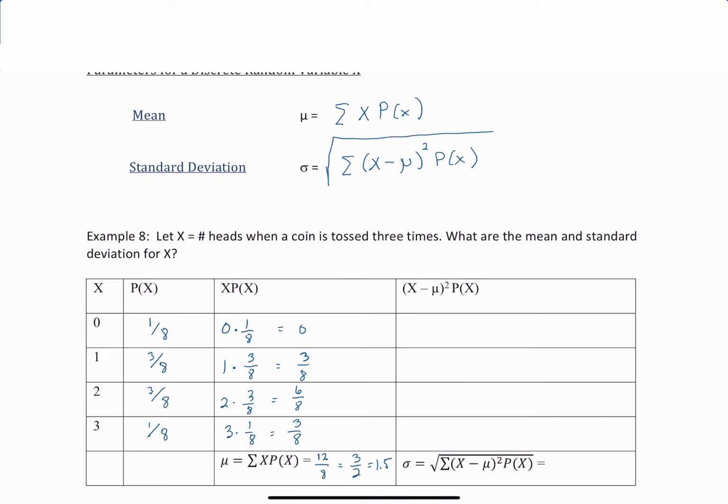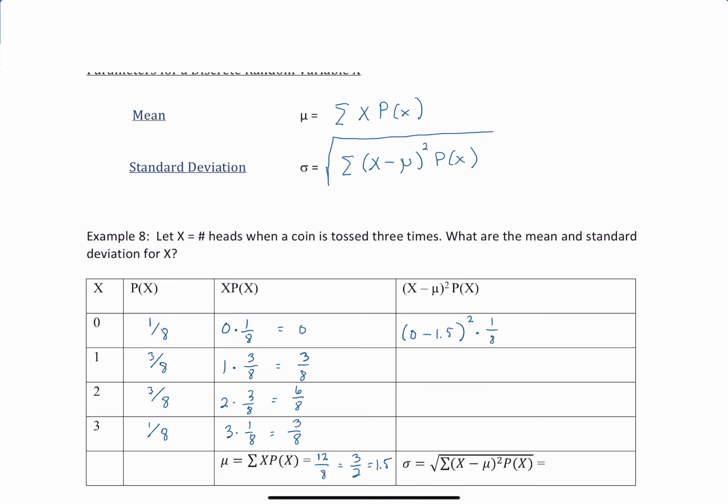Next, we're going to compute the standard deviation. Remember, standard deviation tells you how spread out the data is, how dispersed it is. In other words, how much variation there is between the different data values. For that, I'm going to take each x value, subtract the mean, square what I get, and then multiply that by the probability of that x value.